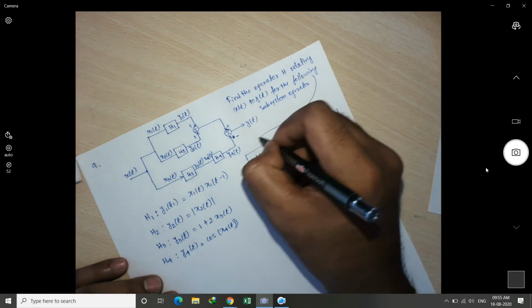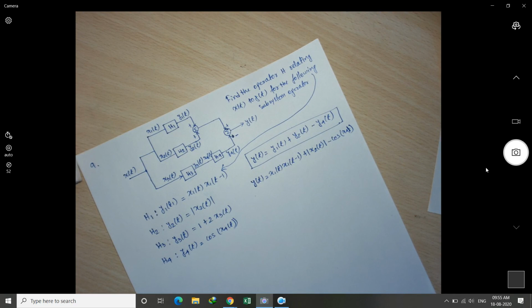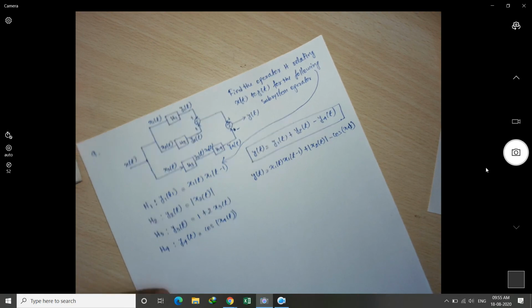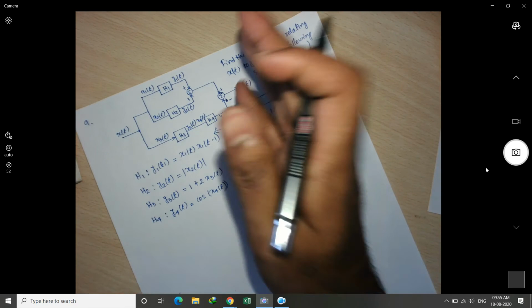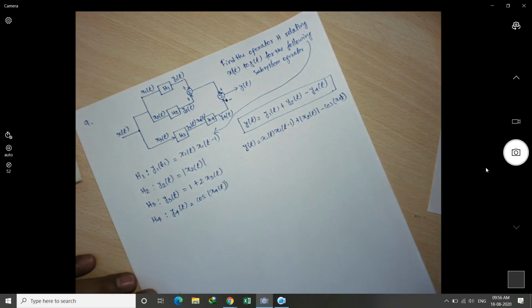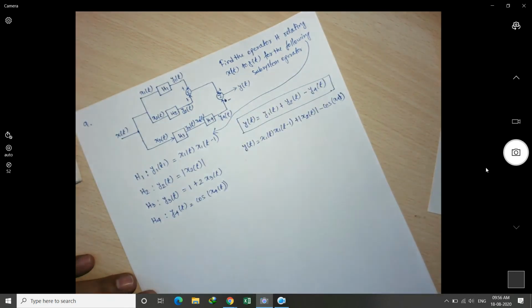These are the following subsystem operators, all of them. These are the subsystem operators within this total system. So we need to find the relation between yt and xt which exists due to the overall operator H.